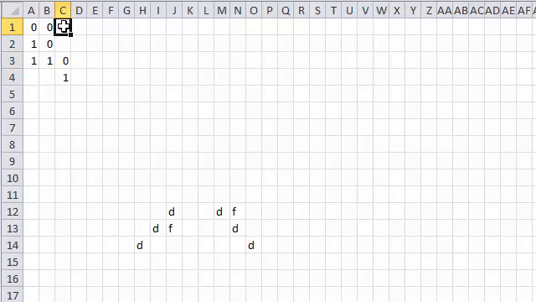Okay, let's fill in this square. It can't be a flag because then the diagonal doesn't fit.